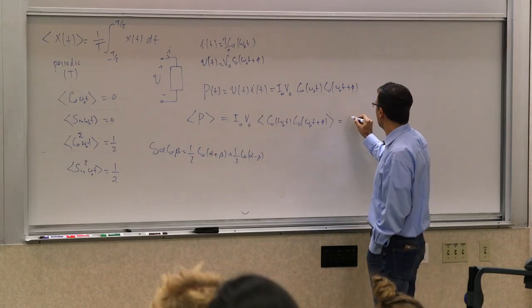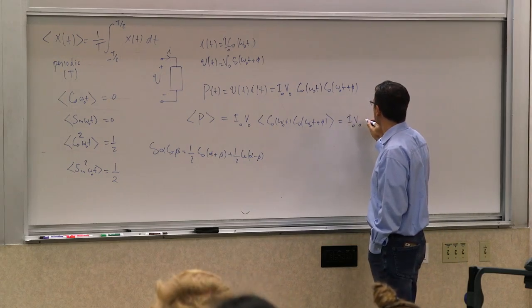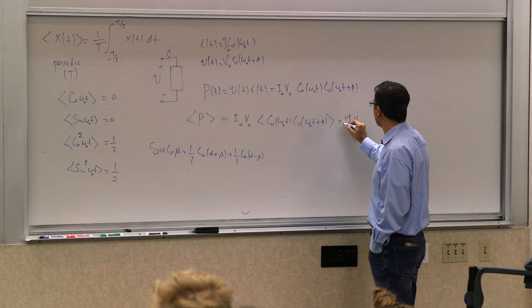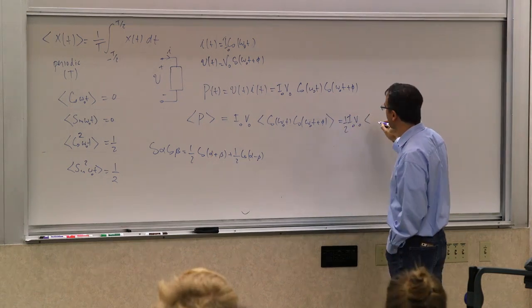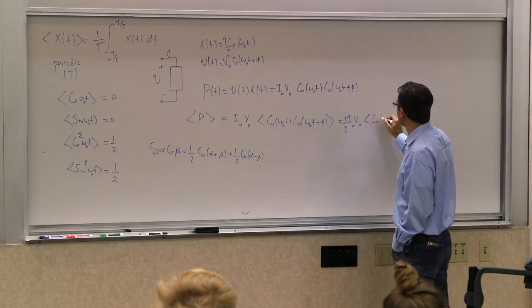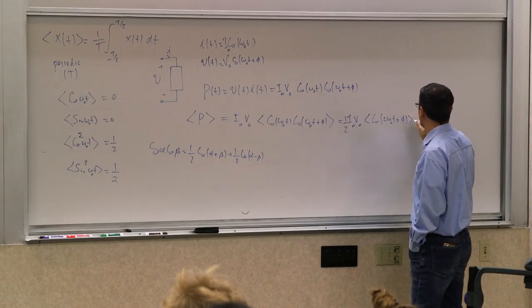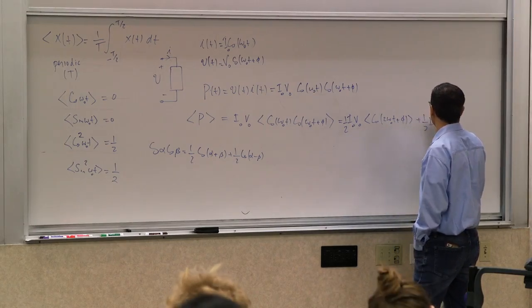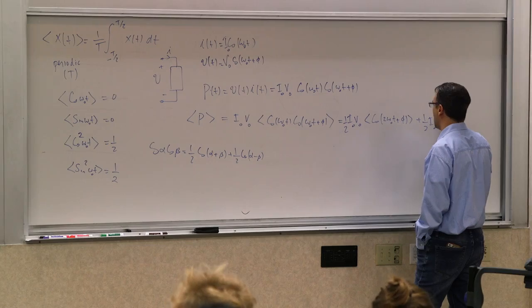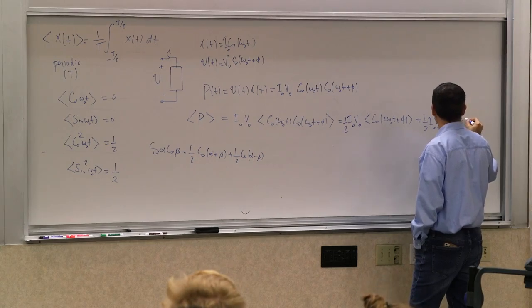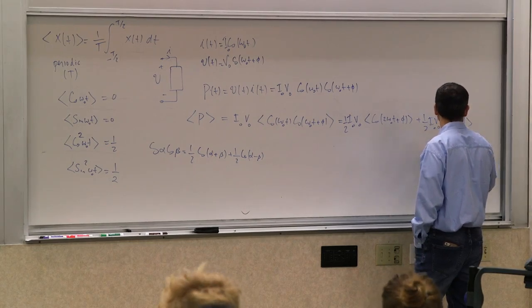So if I use that, I get two terms. I get I0, V0. For the first one, both of them have 1/2. So I get the average of the sum, which gives me cosine of 2 omega 0 t plus phi, plus 1/2 I0, V0 cosine of phi.